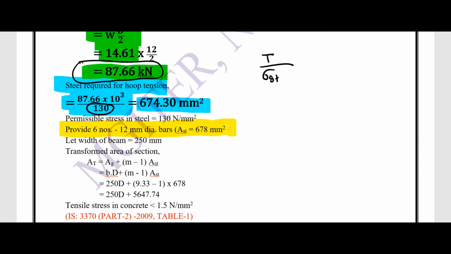What do I mean by partially? We have designed the steel in the beam, but where are the basic dimensions of the beam? These things are missing. We require the depth as well as the width.